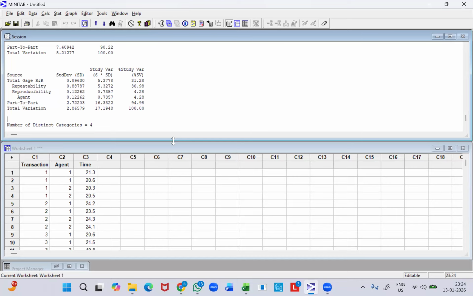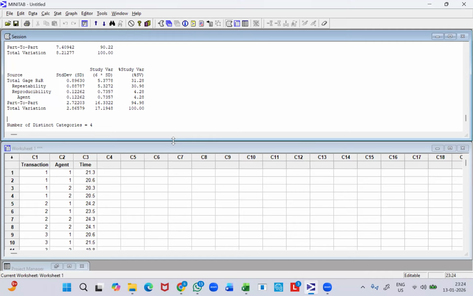So the overall gauge R&R variation is in excess of the 10% criteria limit. And if you look at the component of variation which is contributing to this overall higher gauge R&R variation, it is the repeatability variation. When we compare the repeatability and reproducibility variation, it is like chalk and cheese.